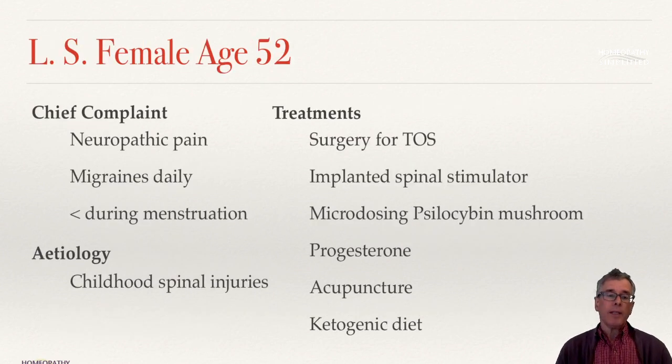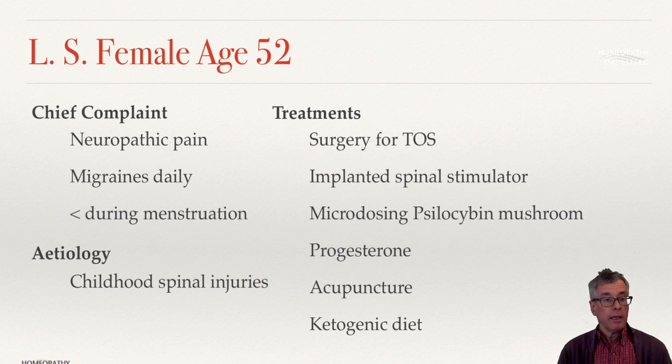Here we are. So this is a case of a woman aged 52 who has had an incredible story of pain in her life. And it's a neuropathic pain which she feels in her right side, under her axilla, under her armpit, into her rib cage. And it refers down her arm to her elbow and down her back on the right side.